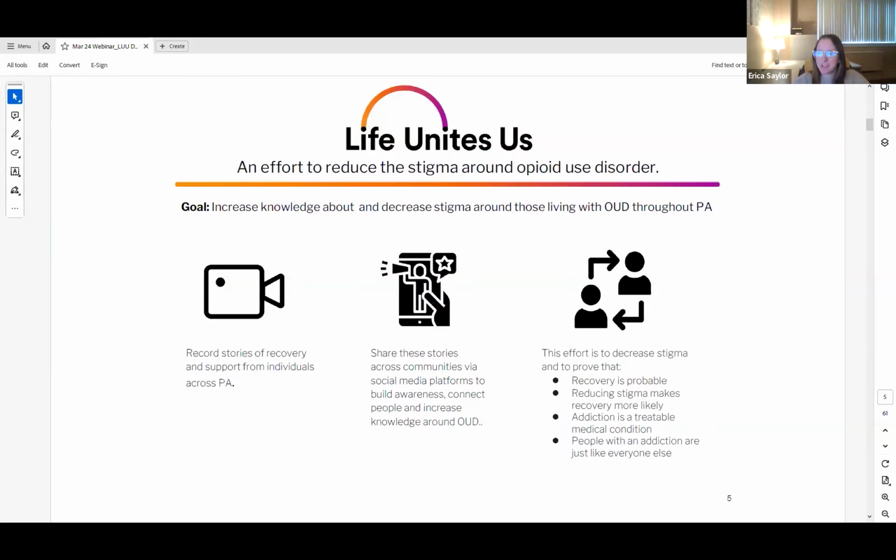All right, some information about Life Unites Us. Life Unites Us is a project developed to reduce stigma around substance use disorder, and this is done by using a people-forward approach that aims to connect individuals through stories. Through research and practice in anti-stigma work, we have found that connecting people through their stories and similarities can and will reduce stigma. In order to do this, the team records stories of community members across PA, stories of both personal recovery as well as allyship to someone in recovery.